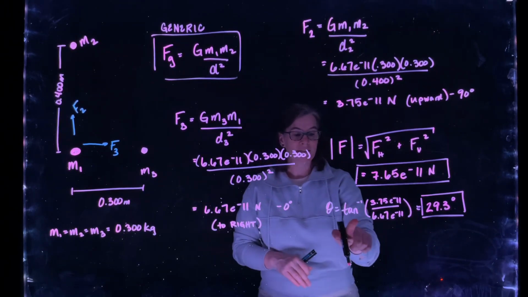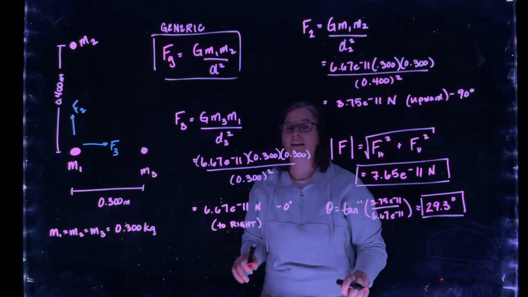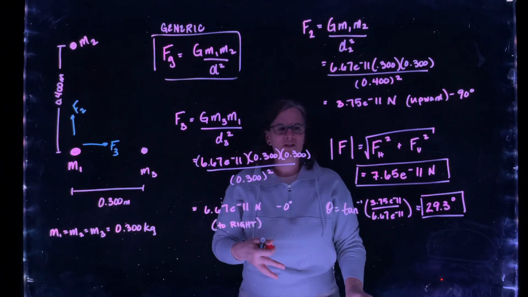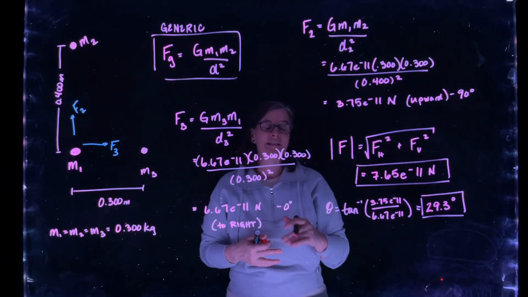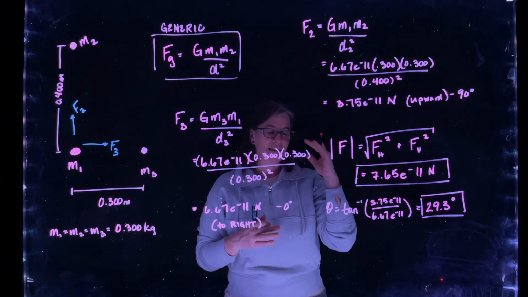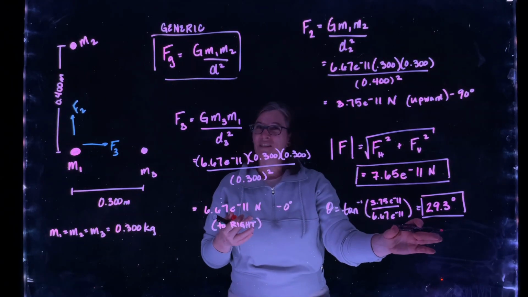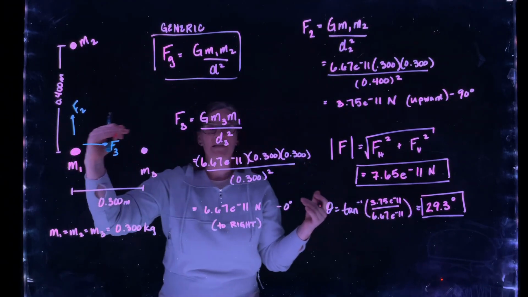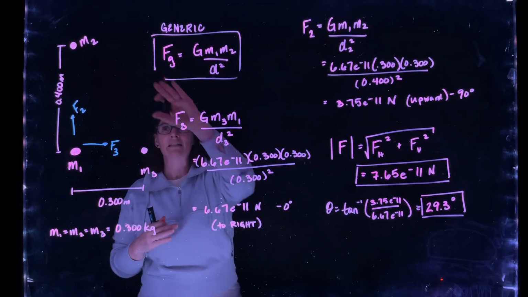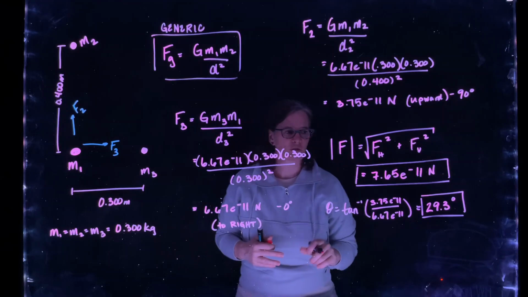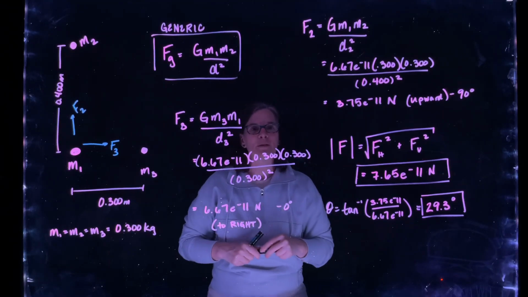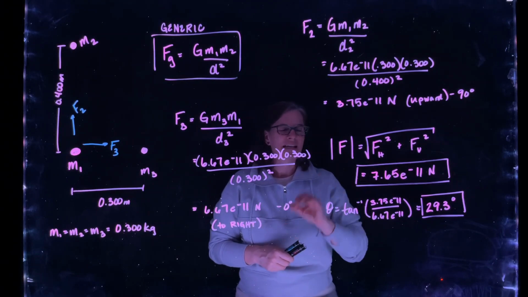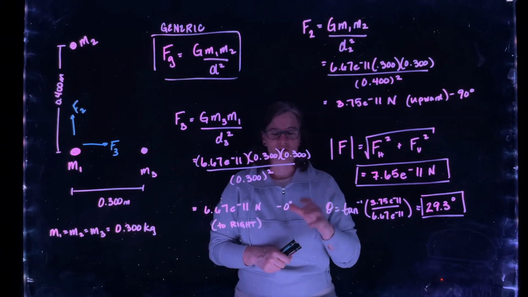Whenever we do Pythagorean theorem and get our angle, we want to think about it for a second. Remember, the inverse tangent gives us the first and the fourth quadrant. So we want to think, this is saying first quadrant, does that make sense? And in this case, yes, it does. I have one to the right, one up. The resultant is going to indeed be in that first quadrant. So 29.3, with respect to the horizontal axis, of course, seems like an appropriate quadrant for that angle to show up in.